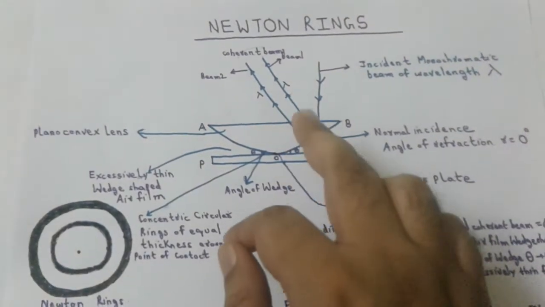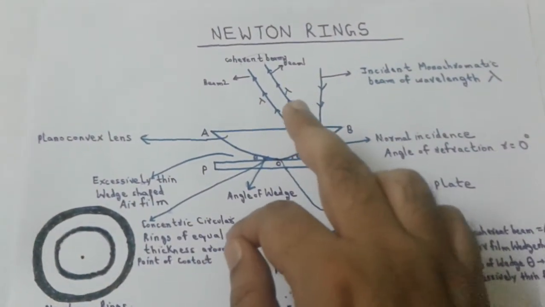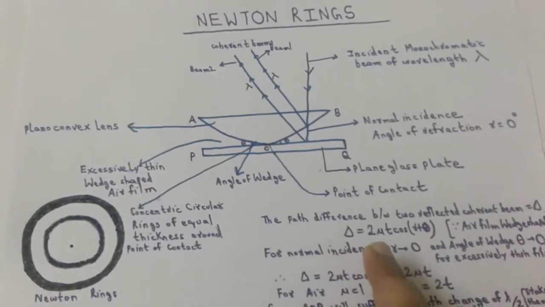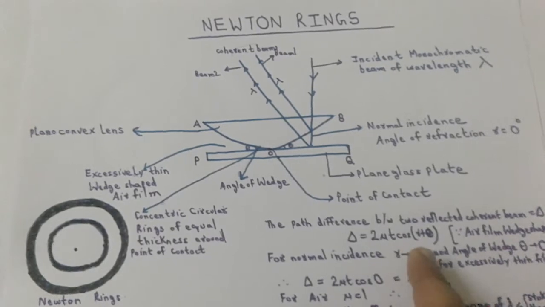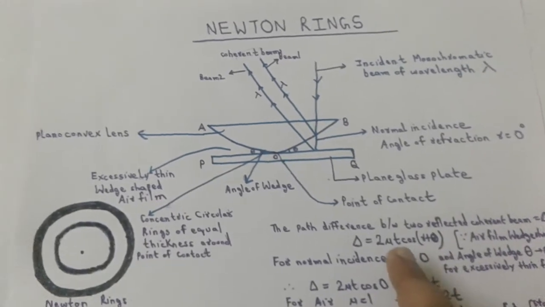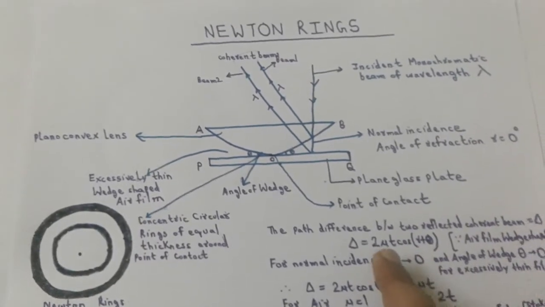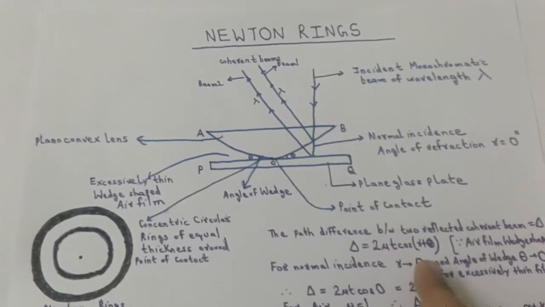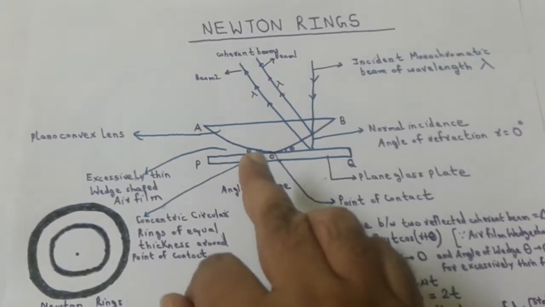The path difference between the two reflected coherent beams 1 and 2 is given by delta equal to 2 mu t cos (r plus theta), where t is the thickness of the air film, mu is the refractive index of the air film, r is the angle of refraction and theta is the angle of wedge.